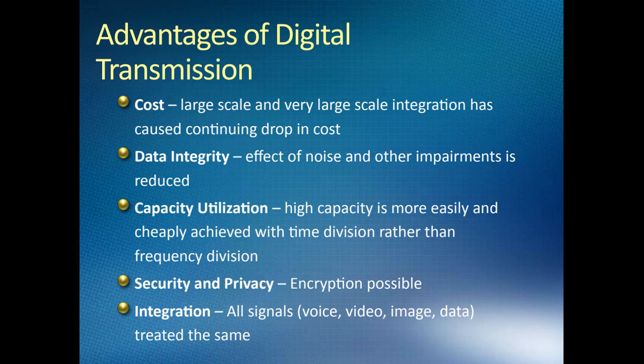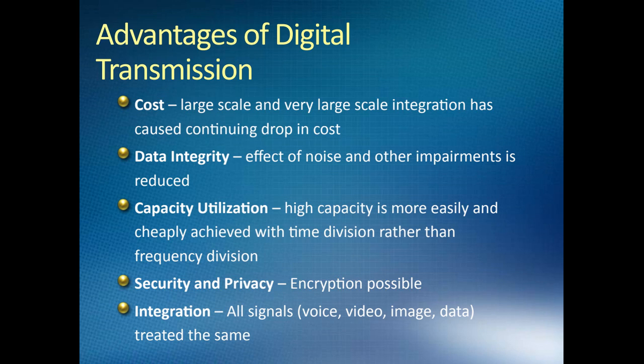So what are the advantages of digital transmission? Cost. Especially if you are dealing with large-scale data and bandwidth, digital is much cheaper. Data integrity: the effect of noise and other impairments can be reduced. You can control it. Remember, we said we can use a repeater.